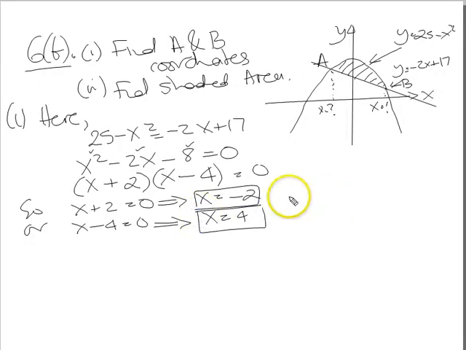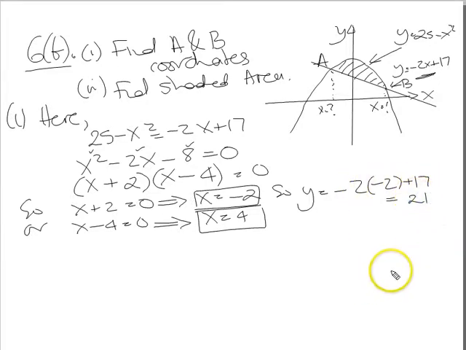Now what are the y values? So y equals, let's use the easier one of the two to get the y value from. Minus 2 times x plus 17, with x equals minus 2, equals 21. And the other value, minus 2 times x, which is 4, plus the 17.